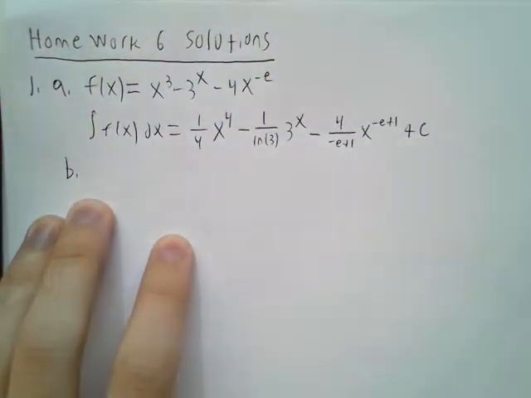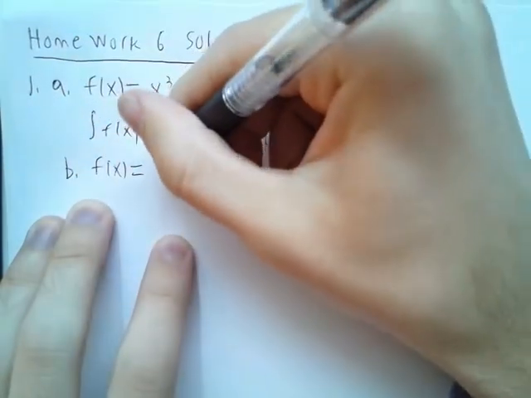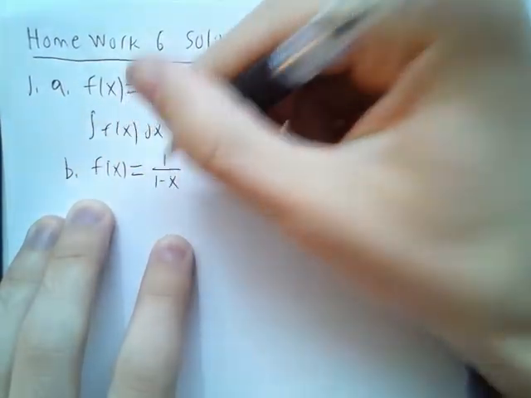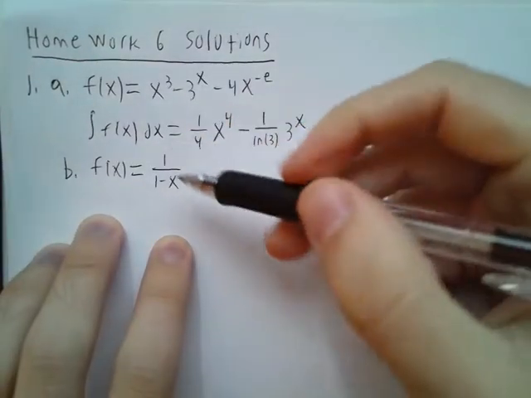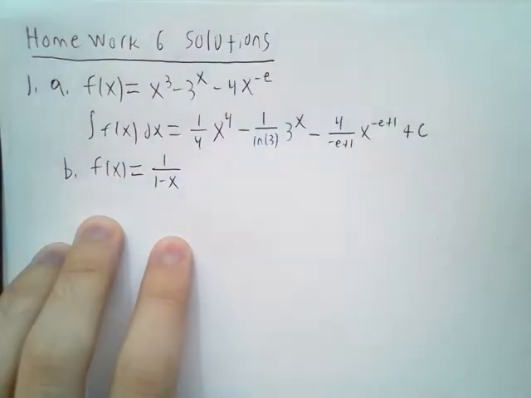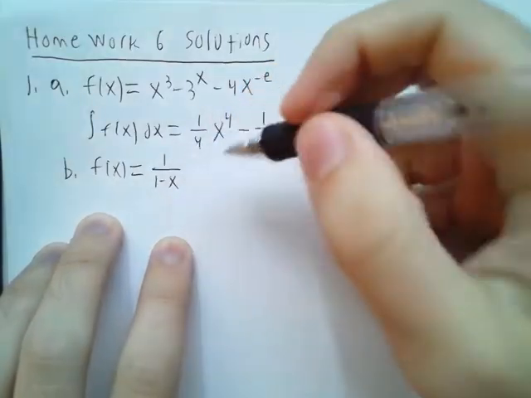Okay, so now part B, we have the function f of x equals 1 over 1 minus x. So we know the antiderivative of 1 divided by x is natural log of absolute value of x.